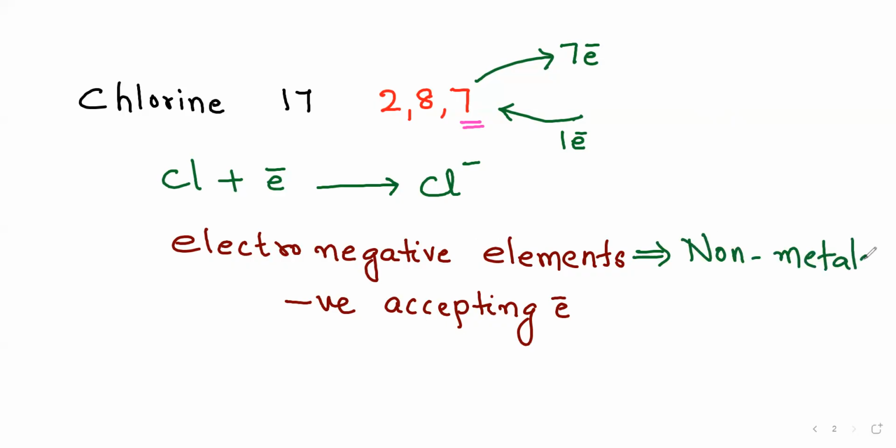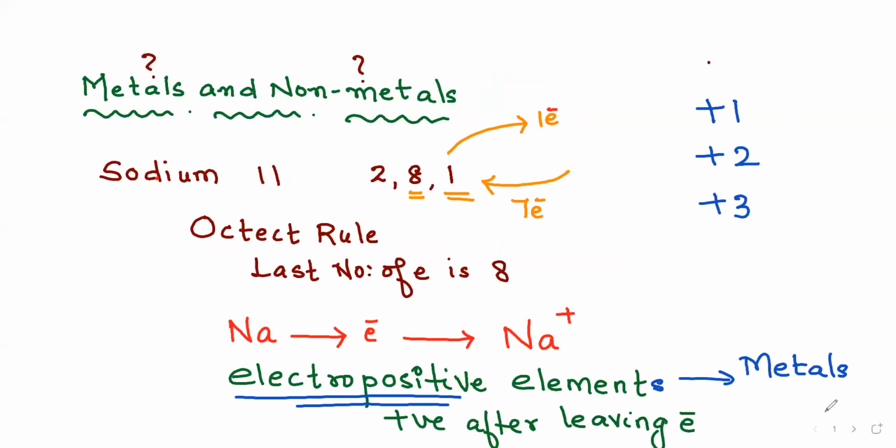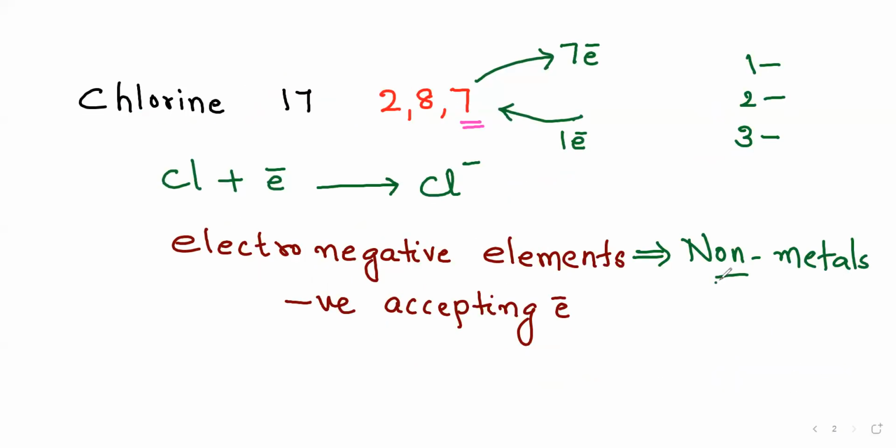It can have 1 minus, 2 minus, 3 minus. So it can gain 1 electron, 2 electrons or 3 electrons. I hope you understood the difference between a metal and a non-metal. Metals are electropositive and non-metals are electronegative.